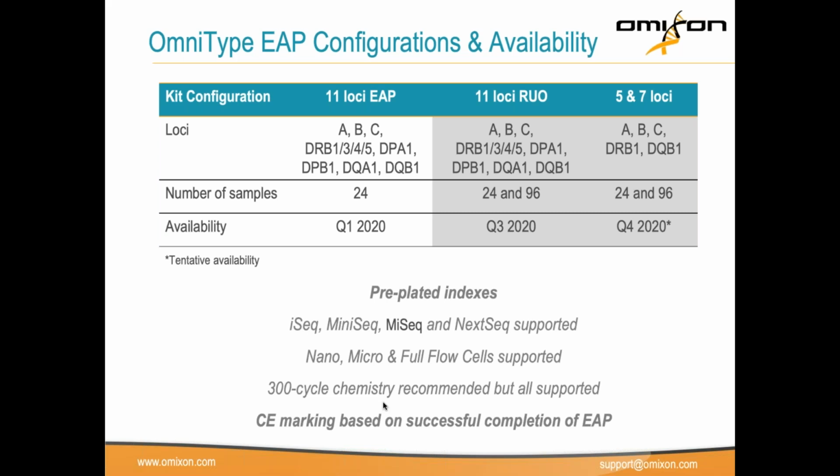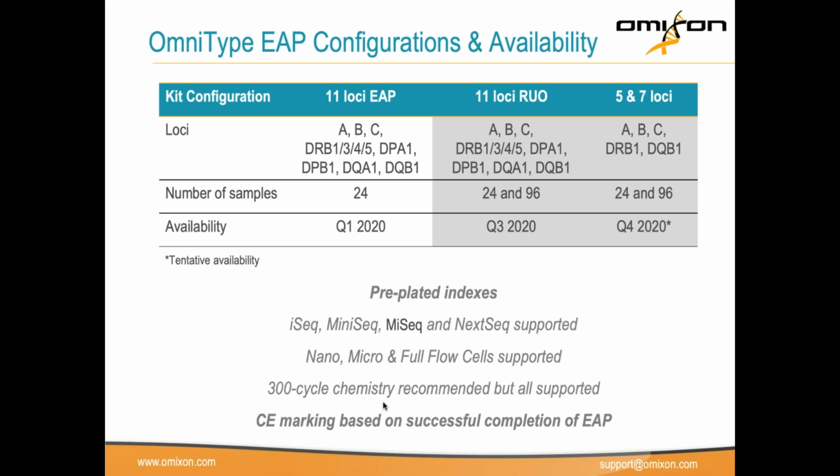And then it is under discussion to provide a 5 and 7 locus multiplex configuration as well. The Q4 2020 that I have marked here is tentative availability, with very bold tentative, with emphasis on the tentative. Essentially, the decision on whether we should be providing this or not is dependent on the market requirement.